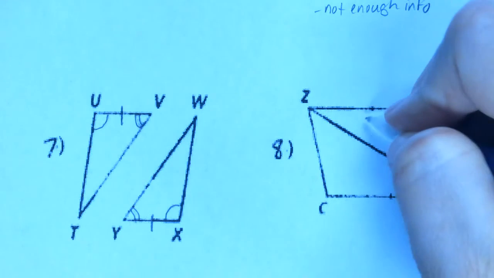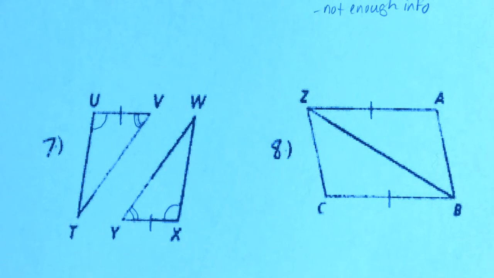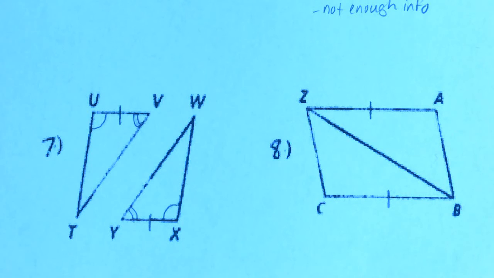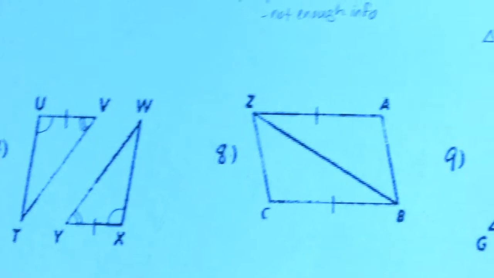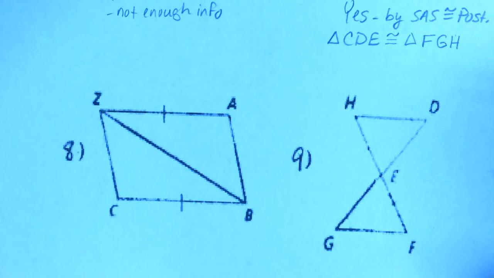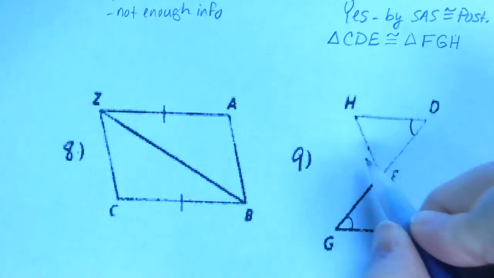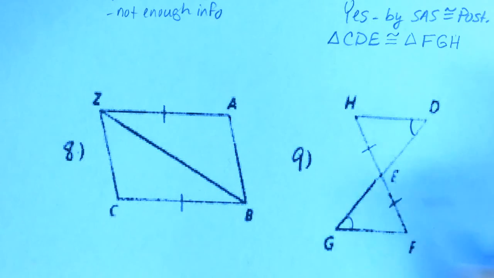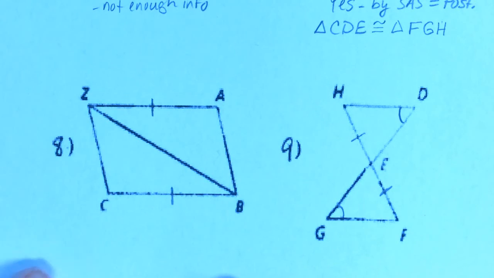On 8, the only mark is here and here. And then on 9, there's a mark here and here for the angles, and there's a mark here and here for the sides. So I apologize for those not being super clear.